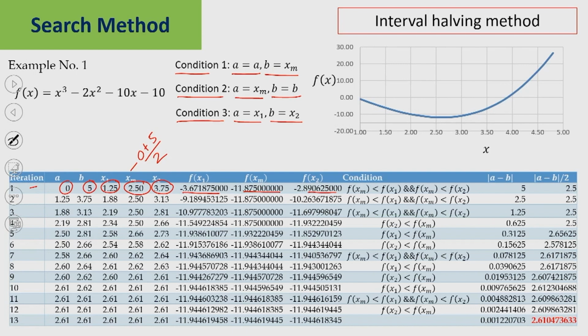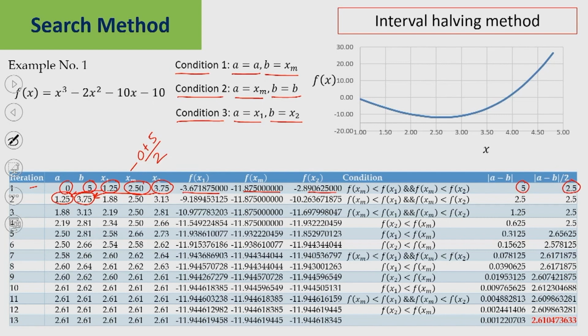You can see this x 1 value has come as A, and B is also coming like this. I calculated A minus B just to check when we have to stop the iteration, and it is coming 2.5, that is A minus B by 2.